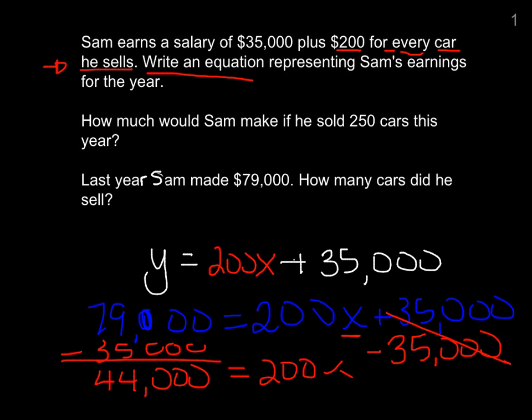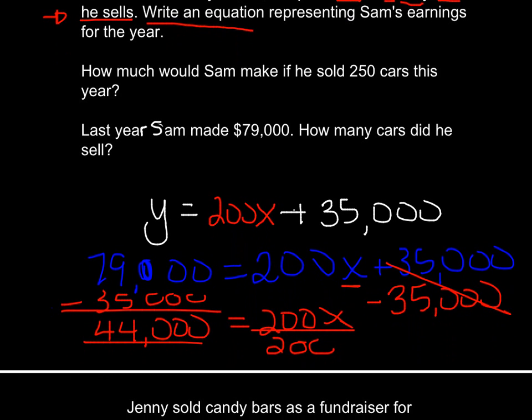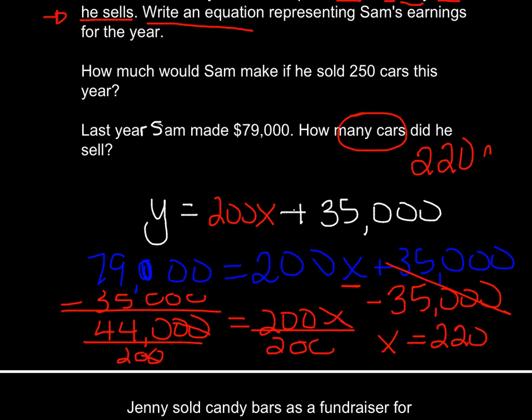Then to find out what x is, I need to get rid of the 200, so I divide 44,000 by 200, and that would be, cross off those 2 zeros, 2 goes into 440, 220 times. So again, we go back to the question, what were we trying to find out? How many cars he sold. So he sold 220 cars to earn a salary of $79,000.